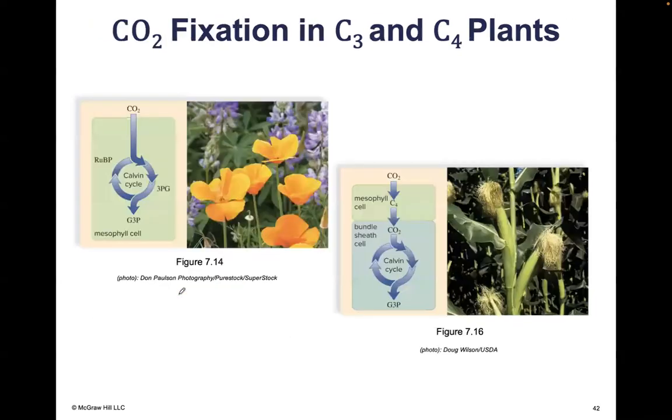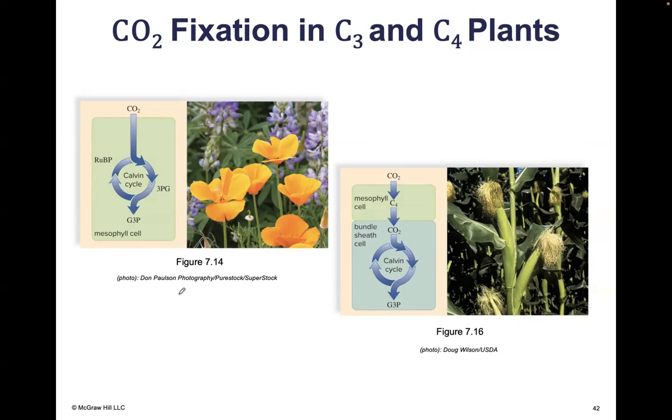So let's now take a look at how they use that, what they have to fix to be able to cope. The ribulose bisphosphate: the CO2 enters the carbon cycle, and we know what it does.